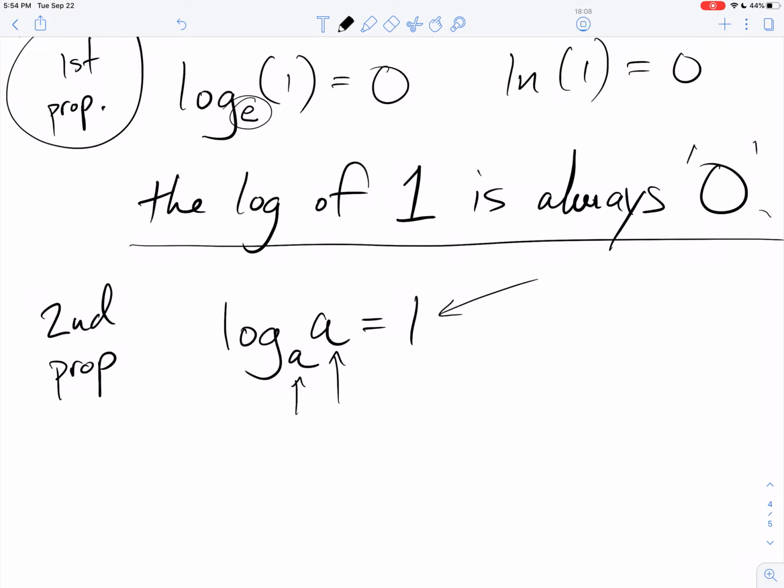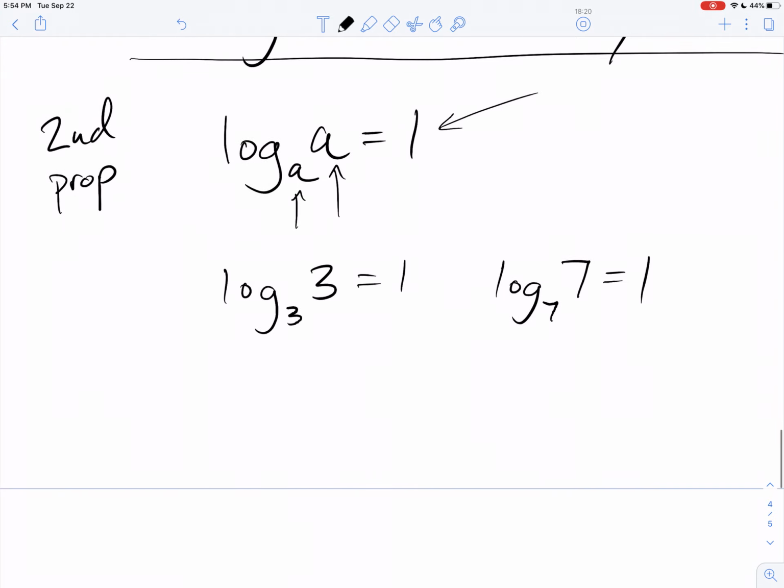When you take the log of 3, base 3, you get 1. If I took the log base 7 of 7, I would get 1. If I took the log of x base x, I would get 1. As long as these two things are identical, you will get 1 for an answer.